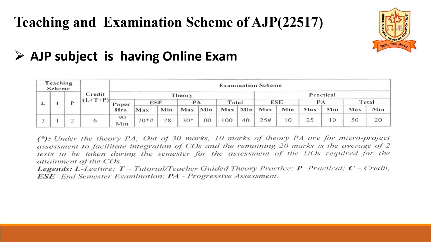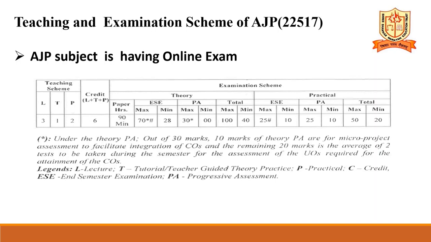So 70 marks online exam is there, and 28 marks minimum marks for that, and 30 marks for progressive assessment. 10 marks for micro projects and 20 marks is an average of 2 tests to be taken during the semester. And then term work of 25 marks and external practicals having 50 marks. I think it should be clear.